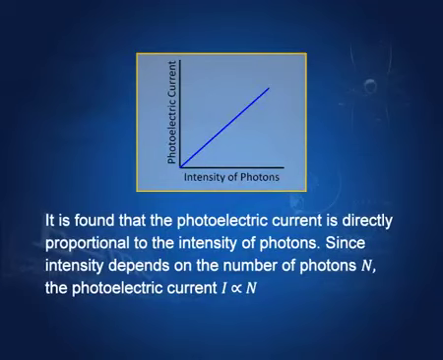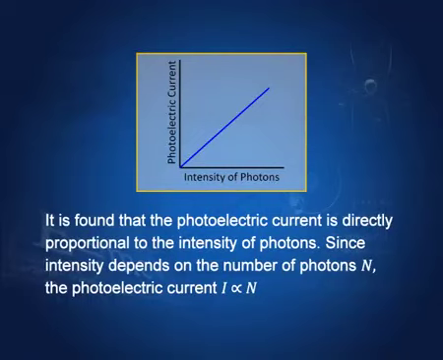If we do that, we find that the photoelectric current varies in direct proportion to the intensity of photons, but that is if the frequency is sufficient to eject the electrons. Once that frequency is crossed, the photoelectric current is proportional to the intensity of photons, or we may say the current is proportional to the number of photons.